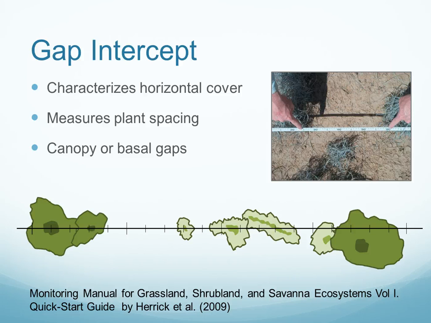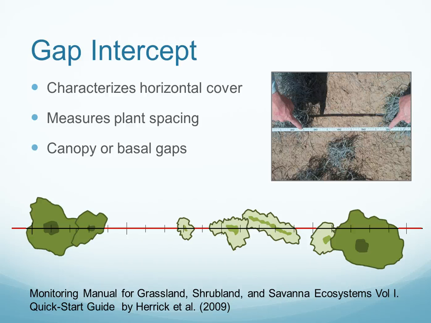If we look at this illustration here, we see a number of plants that are intersected by a transect, and these plants have canopy, the larger part, and then there's a darker part in each one which represents the base of the plants. We can measure either the canopy gaps or the distance along the transect between the canopy.